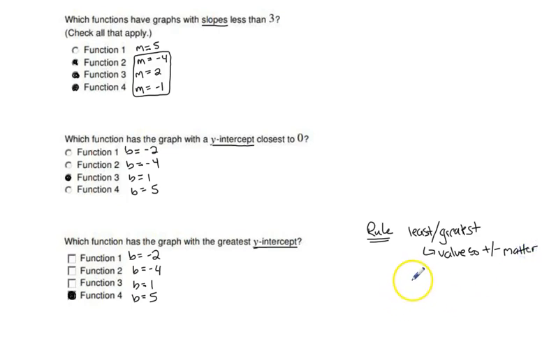Versus if it was looking for steepness, we're looking at the shape of our graph. Positives, negatives don't matter. Or same thing with closest. You're looking at distance, so it does matter. Very good. Number 12.